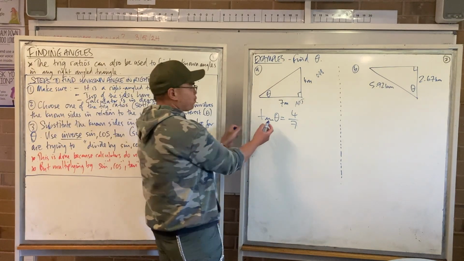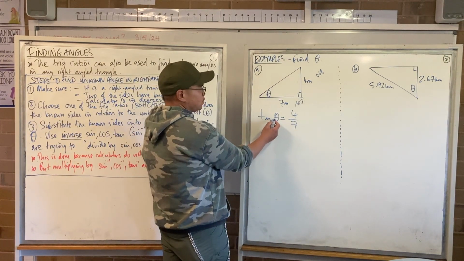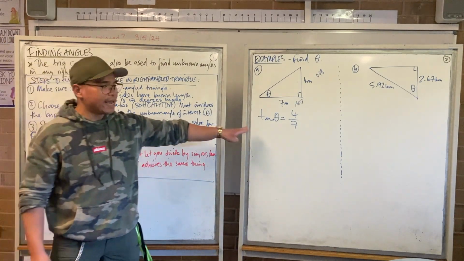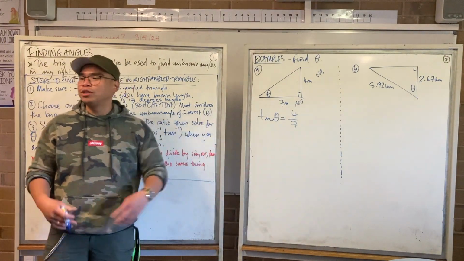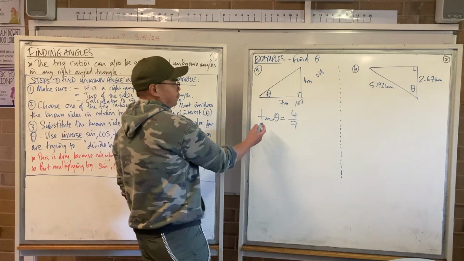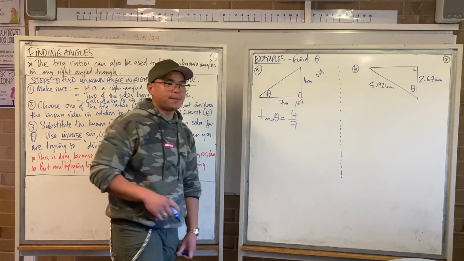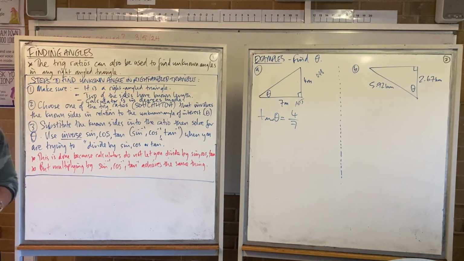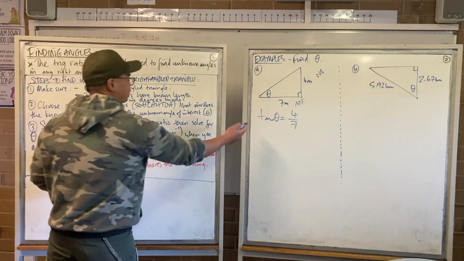What I've said previously is to do the opposite of timesing something. I want to get rid of this tan. Normally you would try to divide by tan. But if you did 4 over 7 divided by tan, your calculator is going to have a heart attack. It says syntax error. Your calculator will not allow you to divide by tan.